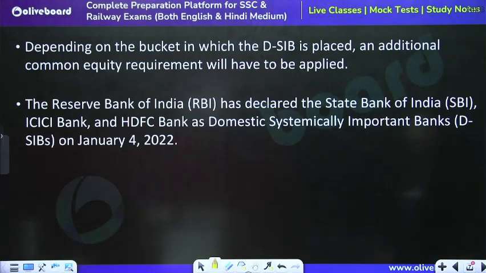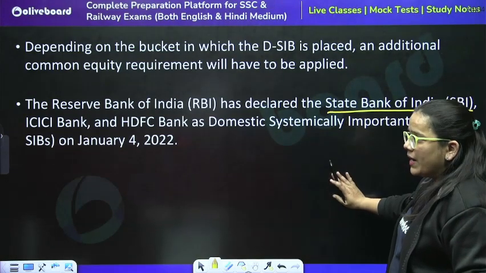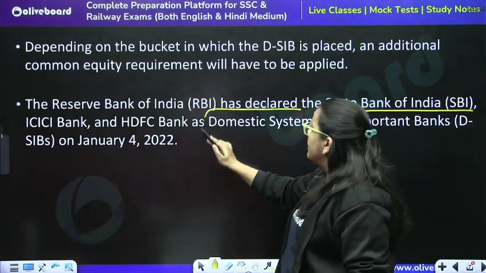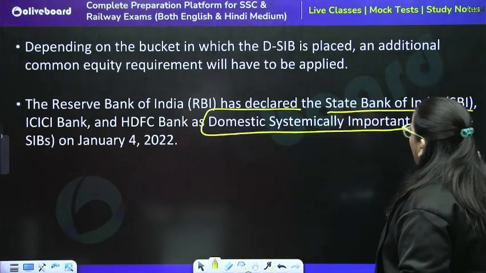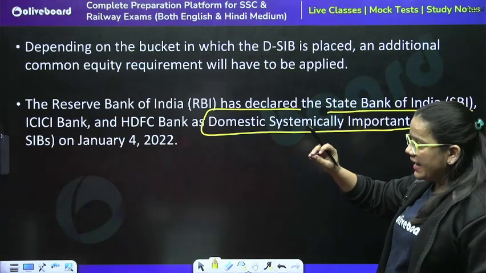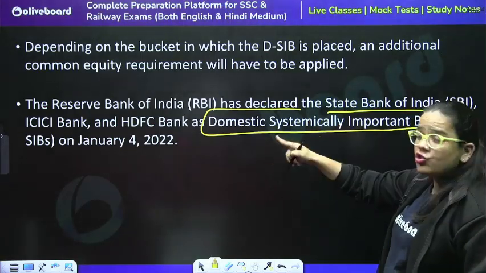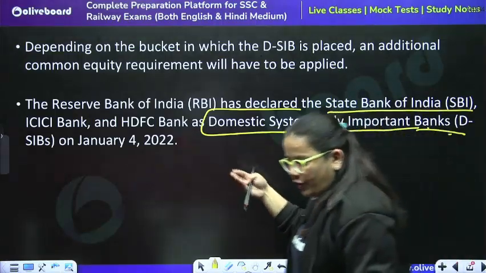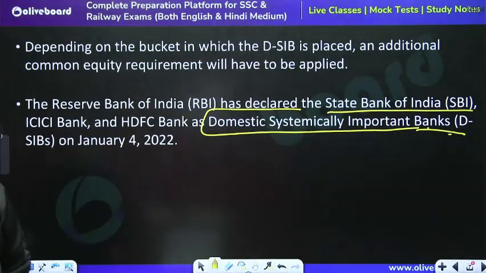Depending on the bucket a D-SIB is placed in, an additional common equity requirement will have to be applied. The RBI has declared State Bank of India, ICICI and HDFC as domestic systemically important banks, that is D-SIBs, on 4th January 2022. So this is a new part of your banking structure, right?